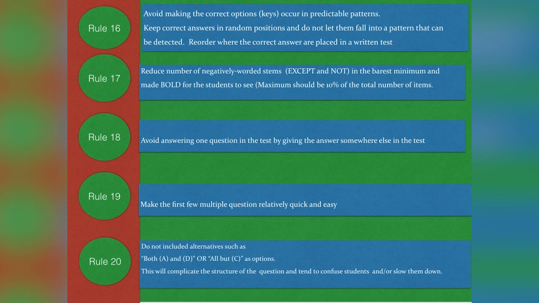When you see it is A or B C C, call their attention to it so that they can reorder where the correct answers are to be placed in the written test. Rule number 17, reduce the number of negatively worded items. Sorry, I think I mentioned something earlier. It is the negatively worded that should be 10%.